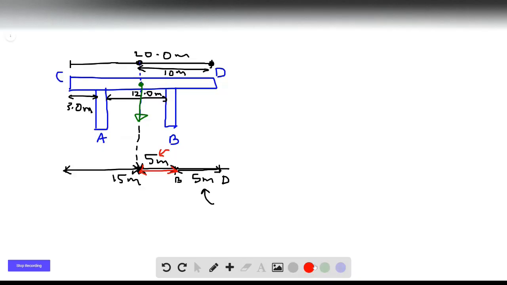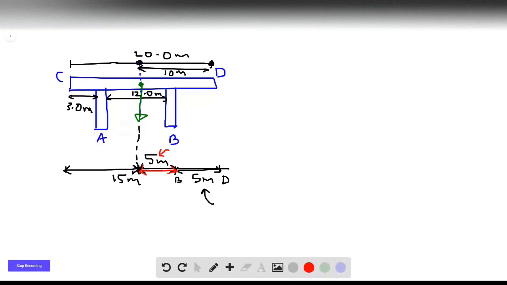The other piece of information we're given is the beam itself. We don't know what the mass of the beam is, but assuming the weight of the beam, WB, is 650 newtons. That's the weight of the beam.